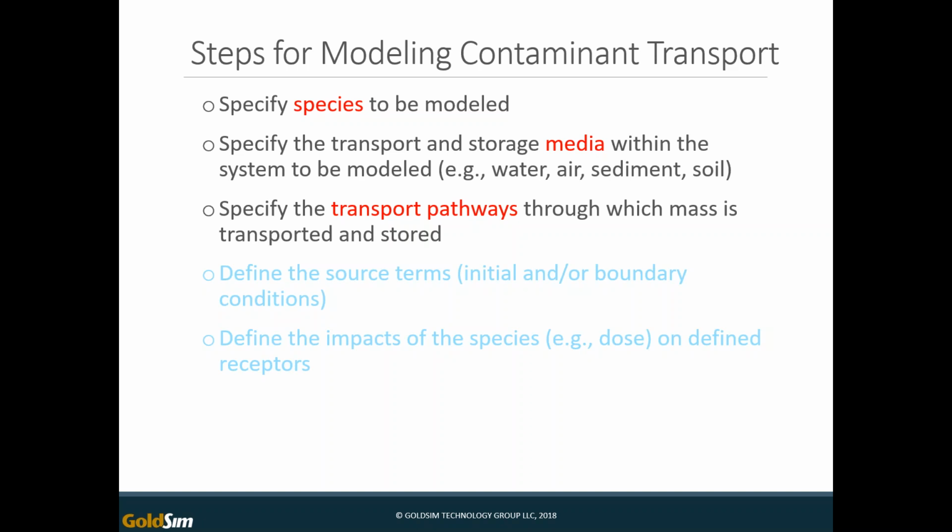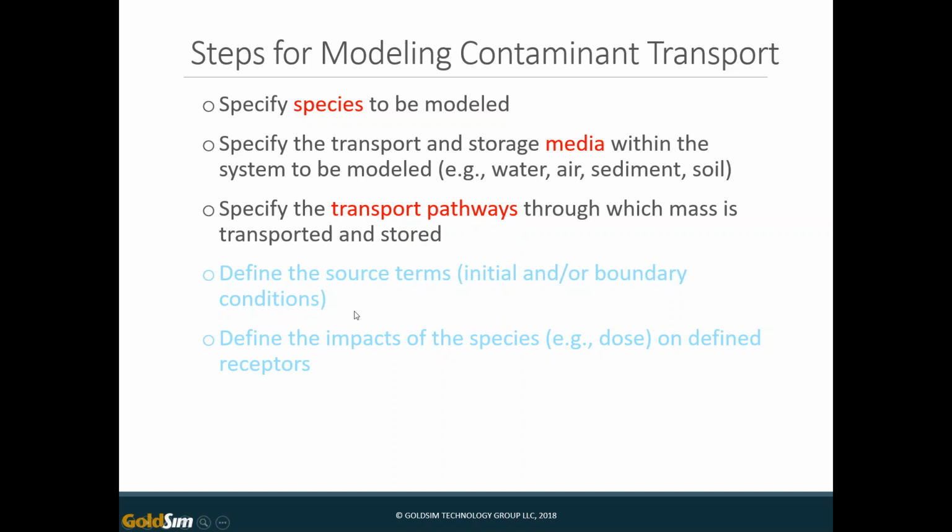And then you build some transport pathways, made up of media. It could be an aquifer, which might be made up of water and sand. Could be a lake, which could be made up of water and sediment. Could be a tank, which may just have water in it. And then you hook those transport pathways together to move mass through the system.